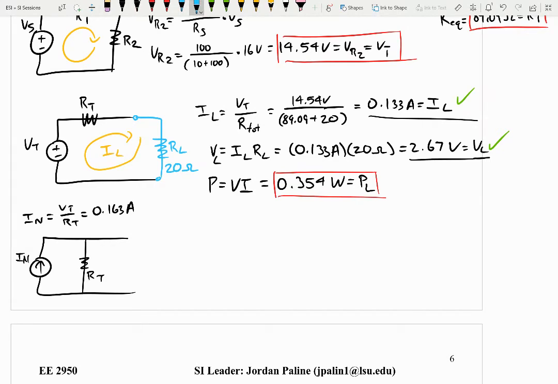And when you introduce that load, R load, now the current is going to be split. So I Norton will split up into those two branches. I'll leave this to you to solve for the parallel values. But to find our I of L, the same current that we found earlier, I of L will be R parallel over RL times I Norton, which gives us 0.133 amps.